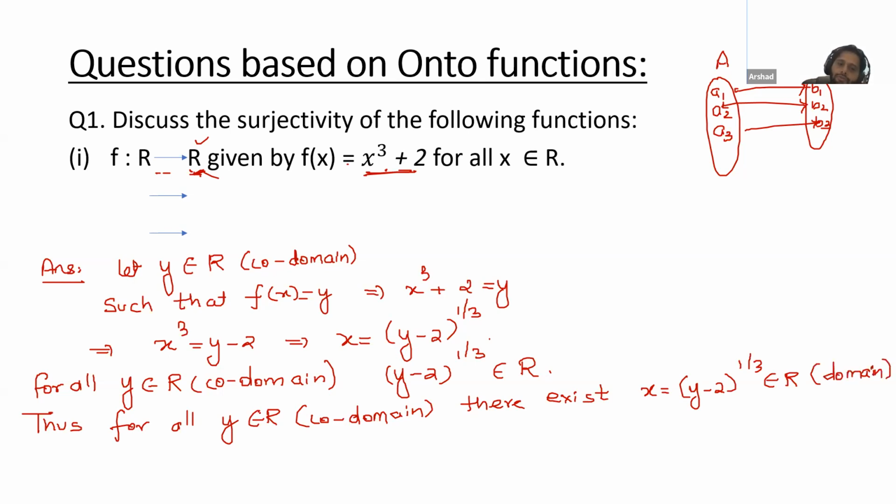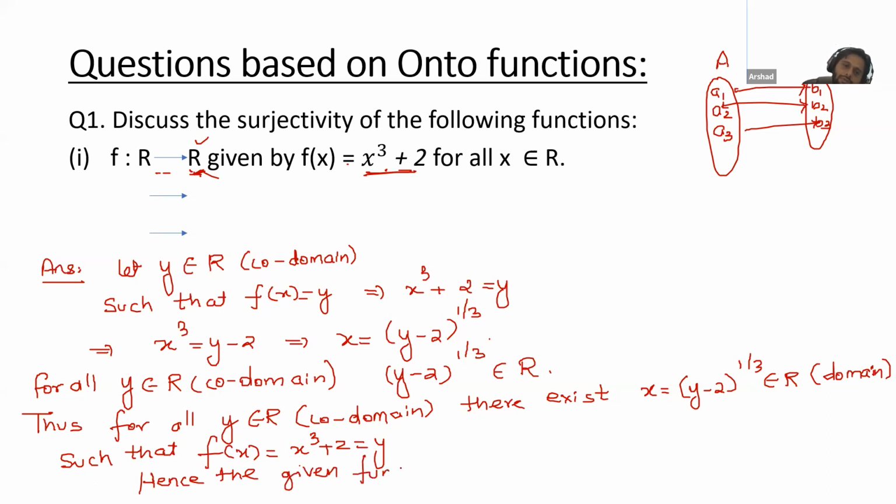Thus, for all y belongs to R, there exists x is equal to (y minus 2) to the power 1 by 3 belongs to R domain, such that f(x) is equal to x cube plus 2 is equal to y. Hence the given function is onto.